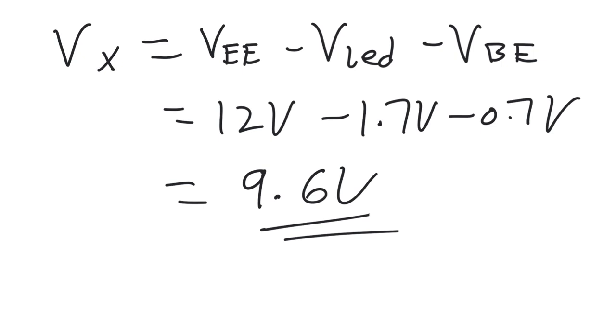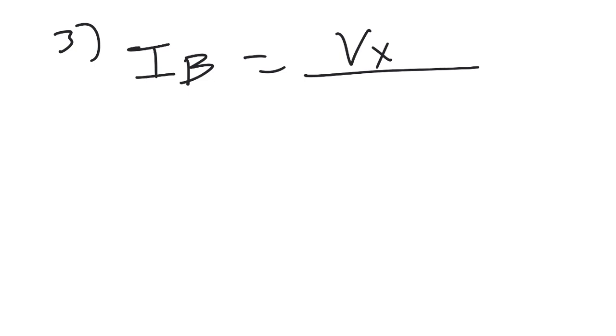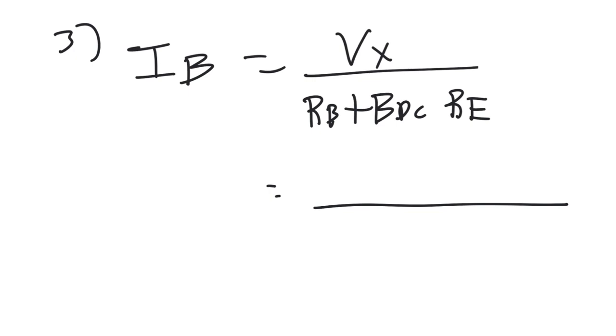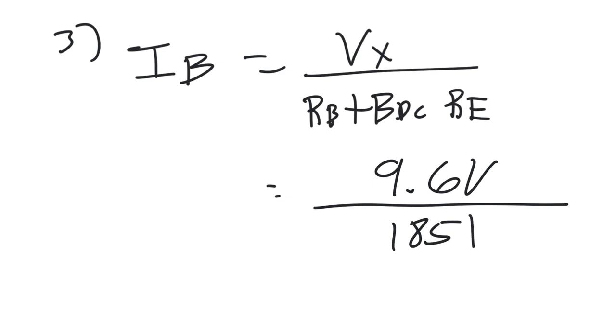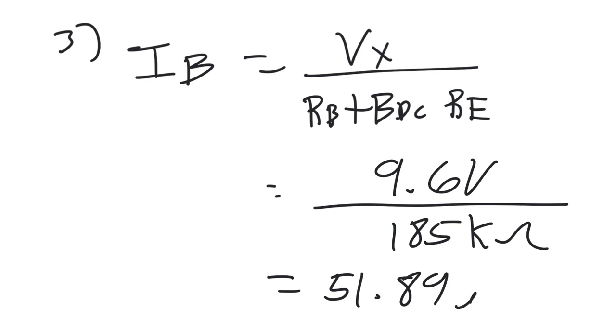And this is step 2, I think. I screw this up. 3, base current equals Vx over the total resistance, 9 microamps.